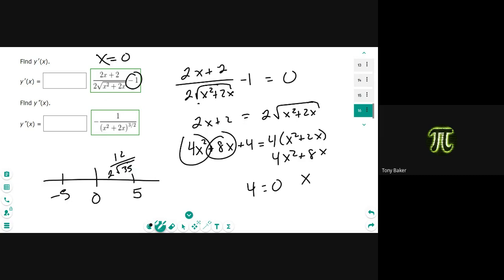Yeah. So this is going to be less than 12. So that means that's bigger than 1. So that's positive. You could also just plug it in a calculator. And that side's going to end up being negative. So it's increasing from 0 to infinity and decreasing from negative infinity to 0.